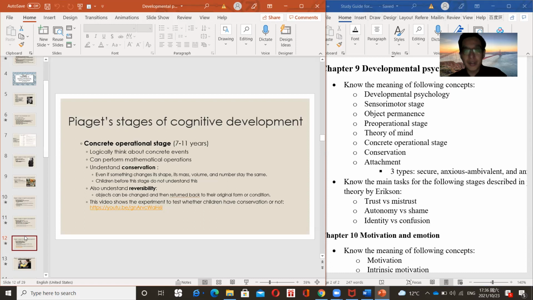So what is conservation? That's the concept that we didn't know about. Conservation is the knowledge that even if something changes its shape, that thing's mass, volume, and number stay the same.